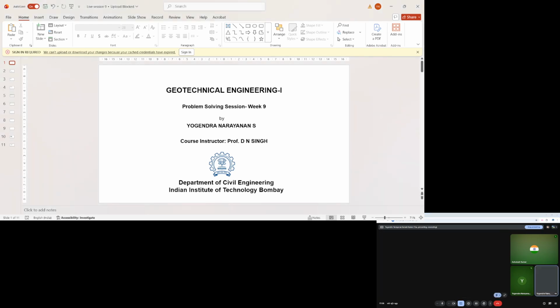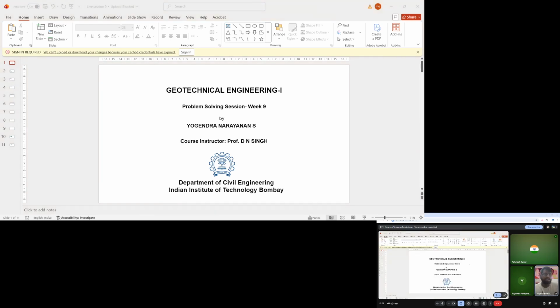To give you a brief background of this session, it is mainly targeted on flow nets and how to analyze them. Initially, we'll be starting with some basic questions, followed by some numericals as well as some derivations. Any doubt?